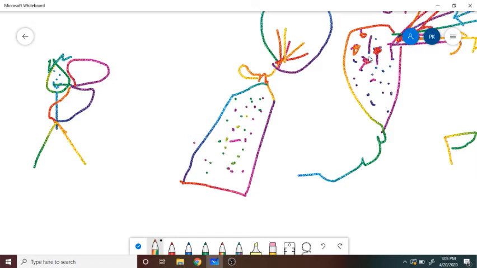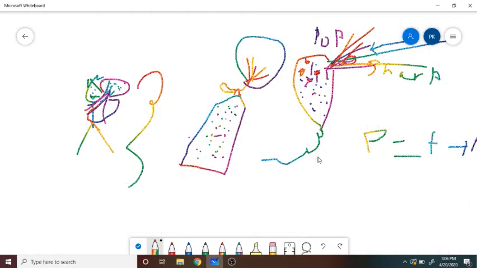When you're blowing air, you are making the pressure build up in the balloon. So you're pushing it in through this way. But when you release it, all the pressure inside goes out, and the balloon goes flying. And so that's what pressure is. Pressure is any amount of force exerted onto any given area.